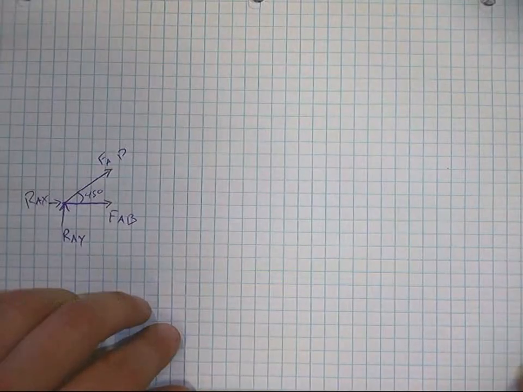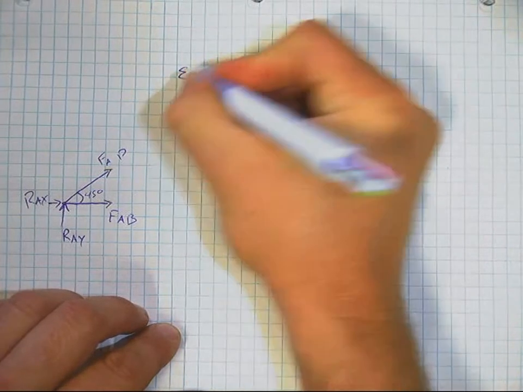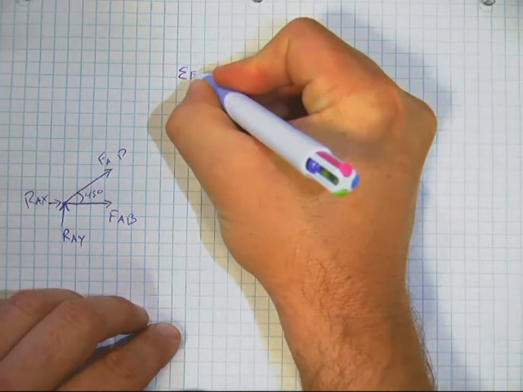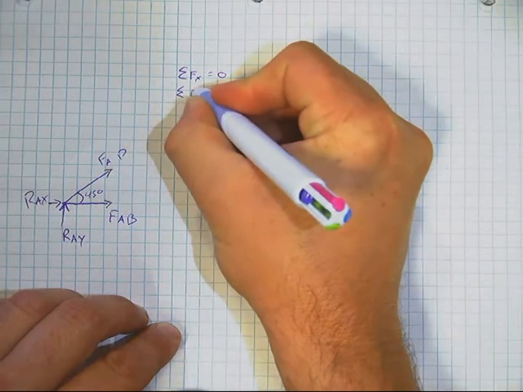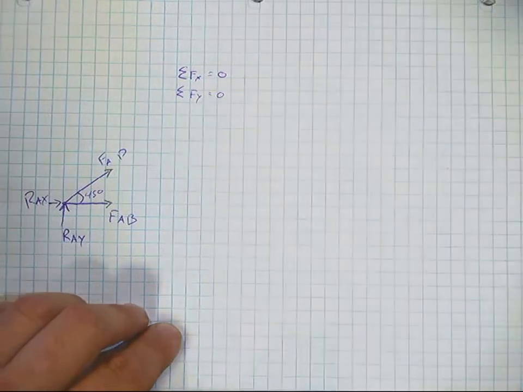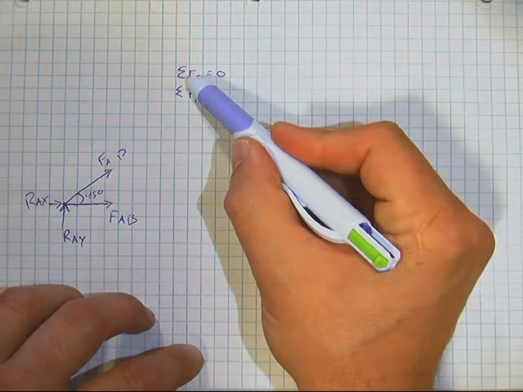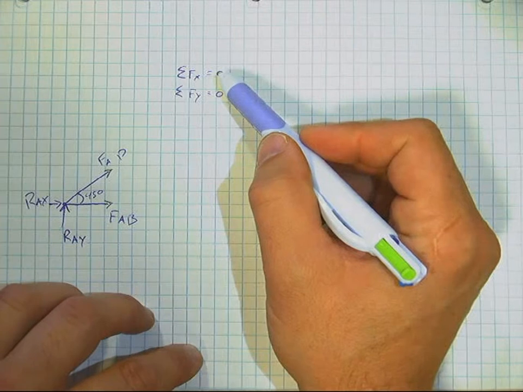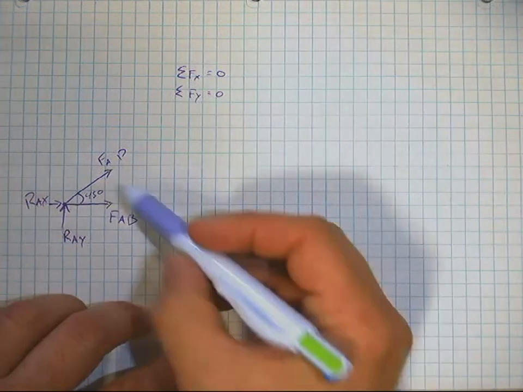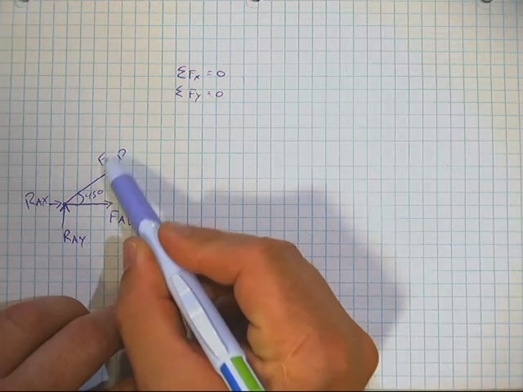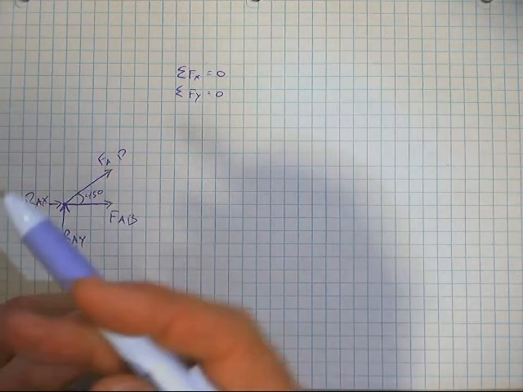We sum the forces in the X direction, which equal 0, and we sum the forces in the Y direction, which also equal 0. We're looking to come up with equations that allow us to solve for our unknowns, which are FAD and FAB. That's our overall strategy.